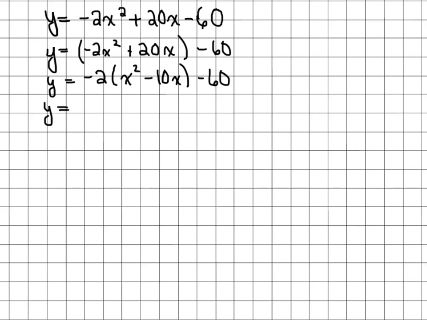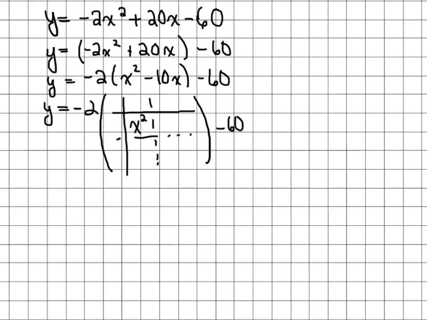So, putting everything into the chart. So I have x squared here, and I have to evenly divide the negative 10x into these two boxes. So I have minus 5x and minus 5x in order to create a perfect square, same length, same width.